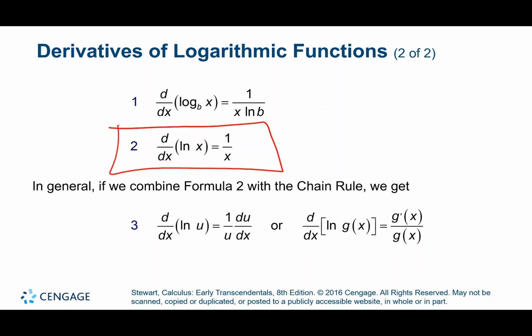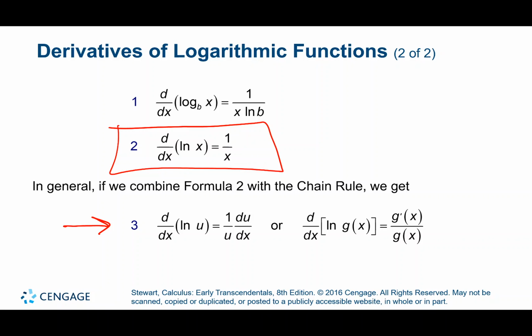We get this formula. In Leibniz notation, it says we want d/dx of ln of u, for u some other function, and that's 1 over u times the derivative of the inside, which is du/dx.